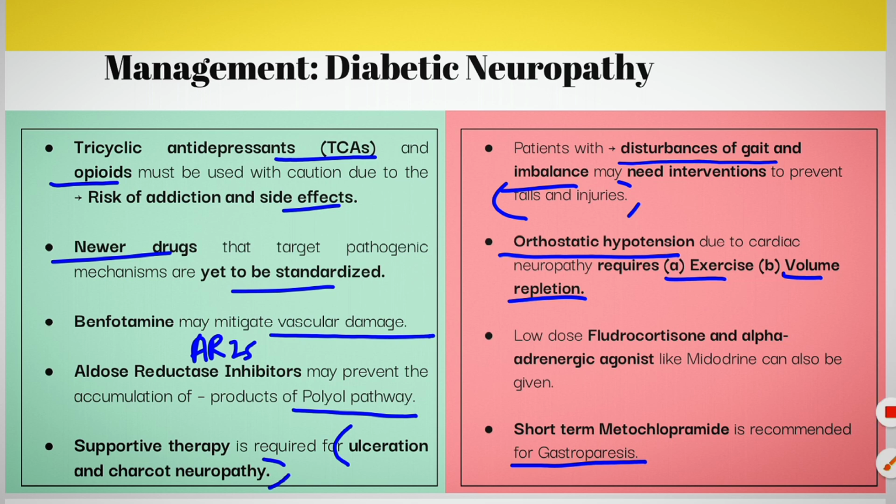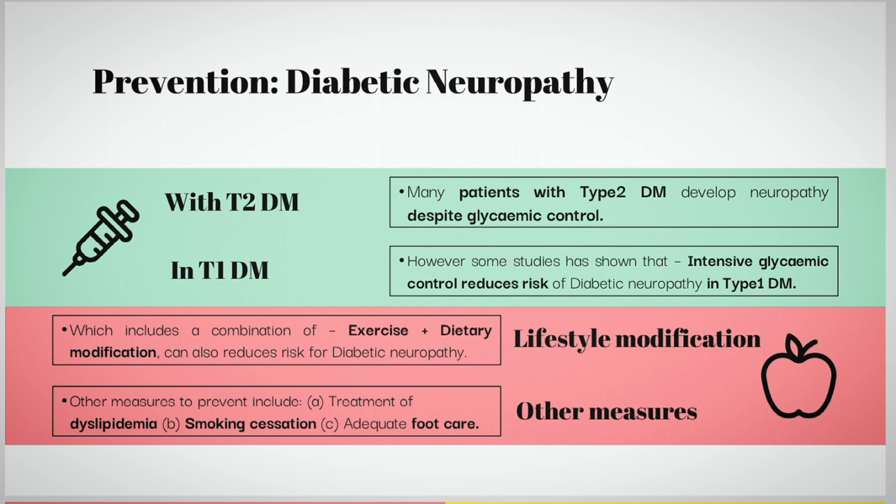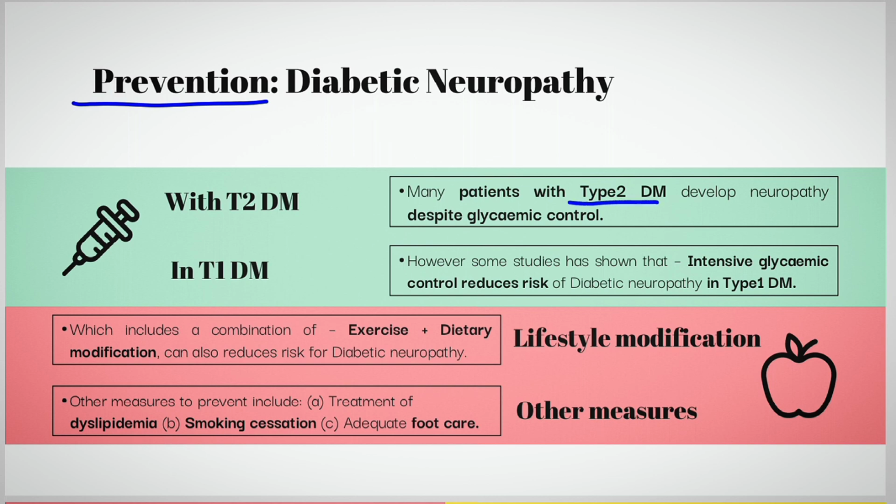Now coming to the preventive methods for diabetic neuropathy. In a person with type 2 diabetes mellitus, it is found that many patients will develop diabetic neuropathy despite glycemic control.